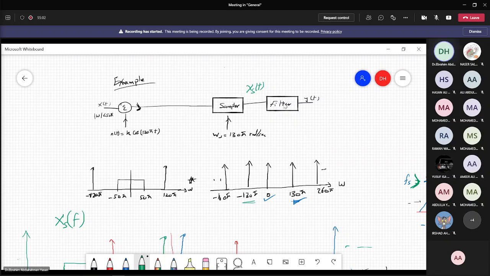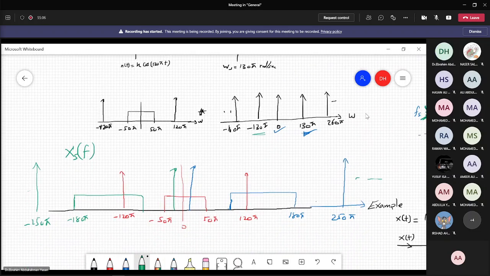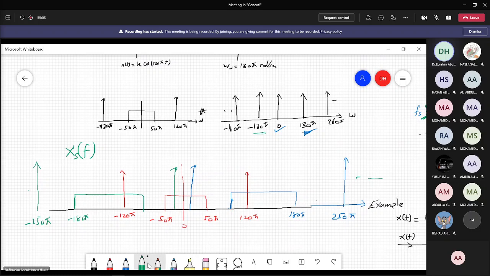Now, if I take a filter, this is my filter, for example, then I am going to pass this one, which is x of t, plus this noise. The distortion is then included.